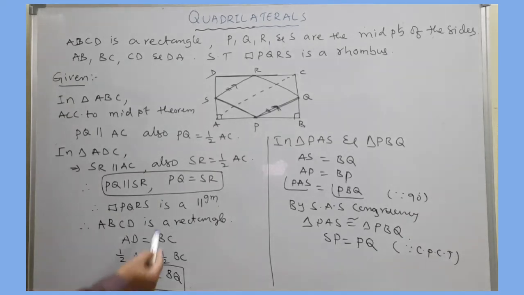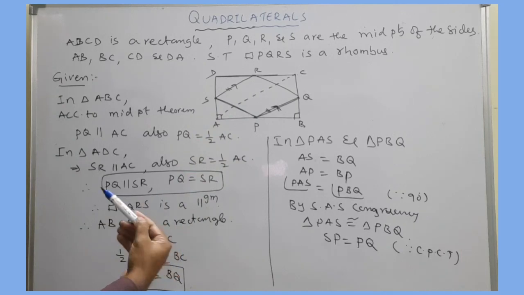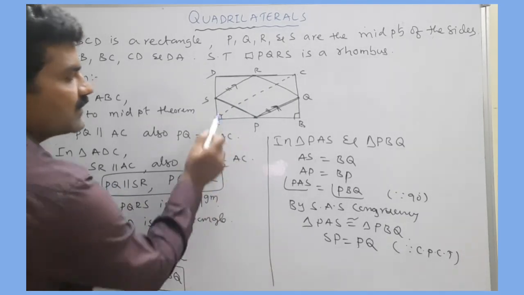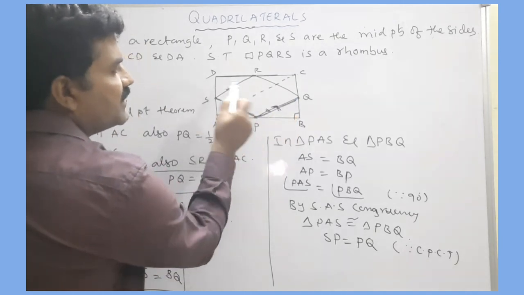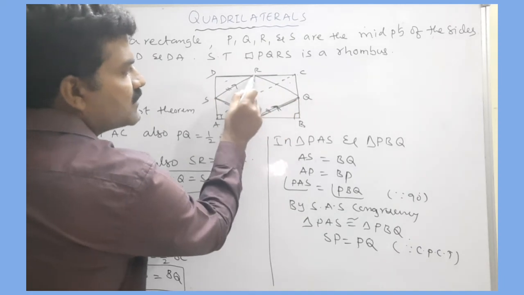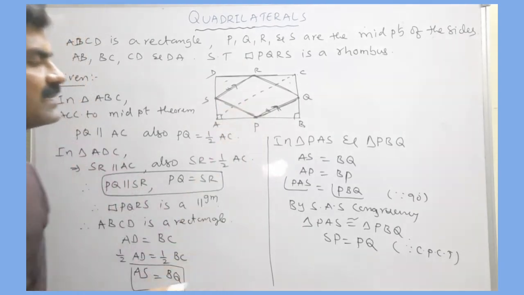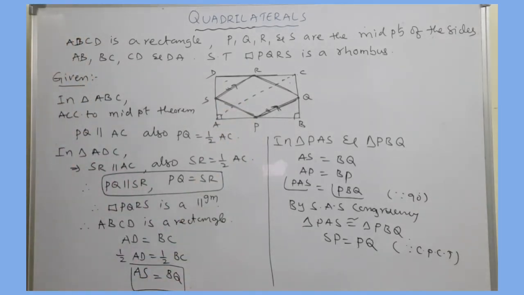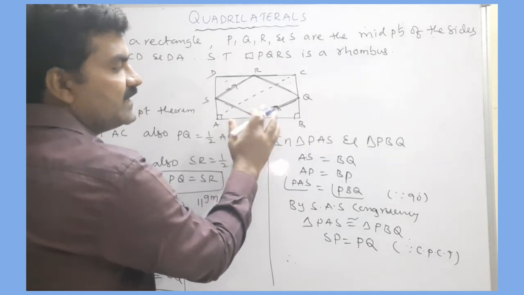So earlier we proved that opposite sides are equal and parallel. Now, coming to adjacent sides, SP is equal to PQ. Similarly, from these two triangles, we can also prove that RQ is equal to RS. I mean, all four sides are equal, and moreover opposite sides are parallel. And the adjacent angle is not a right angle here.